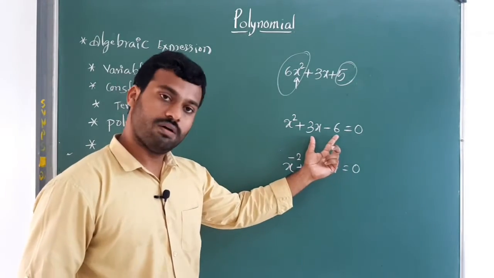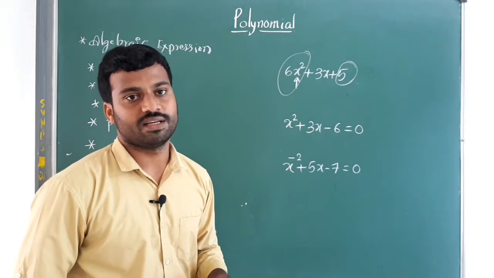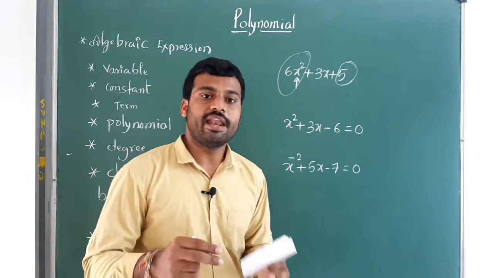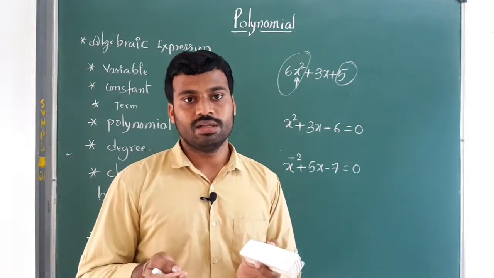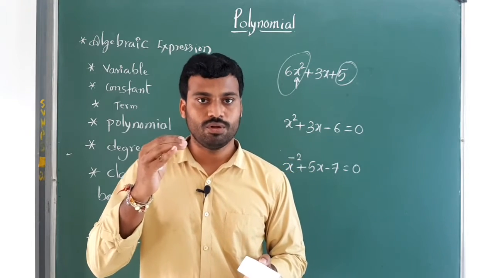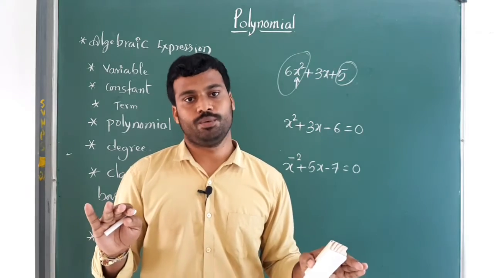But this one is an algebraic expression and a polynomial also. Why? What I said is, the power of the variable should be non-negative. Non-negative means the power should not be negative.